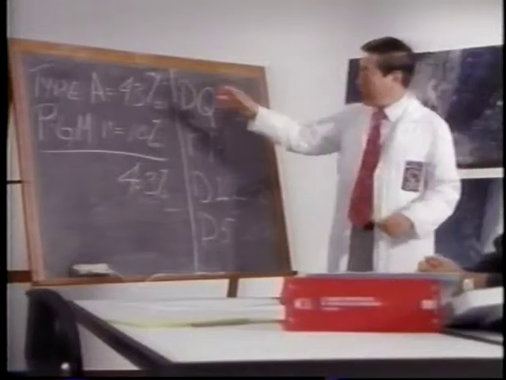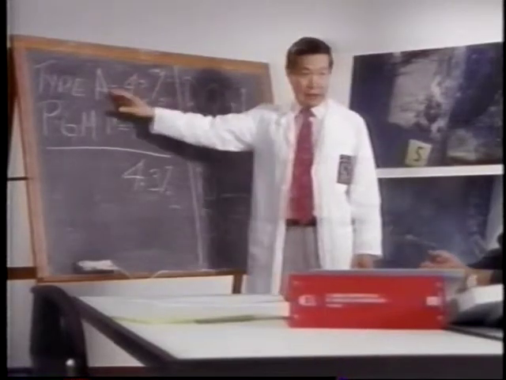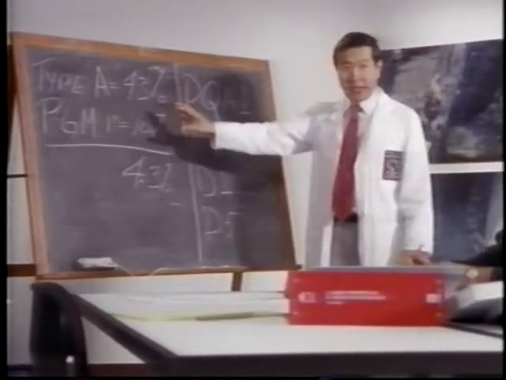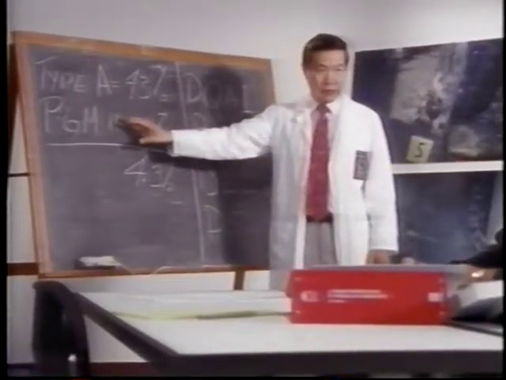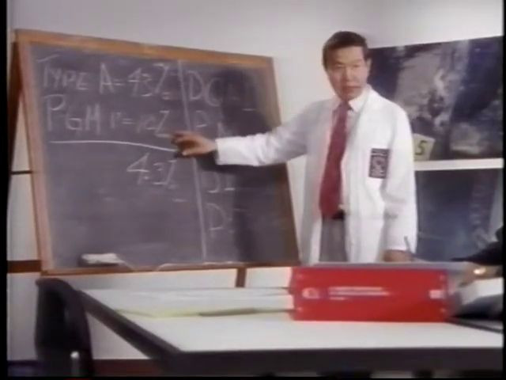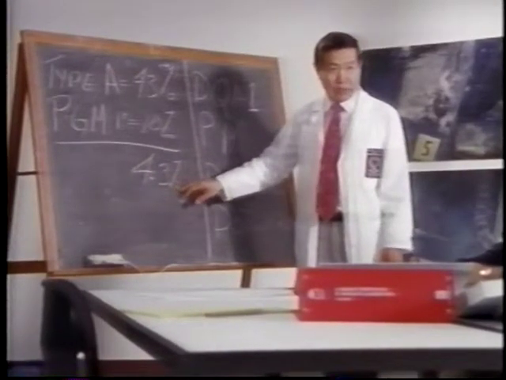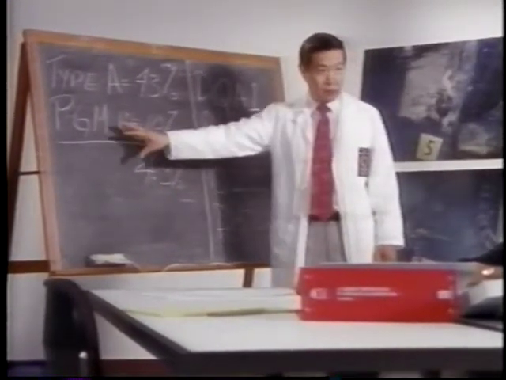Yes, let's put it this way. Approximately 43% of the population have type A. 10% have PGM 1+. If we multiply 43% times 10%, that gives you 4.3% of the random population with the same type.